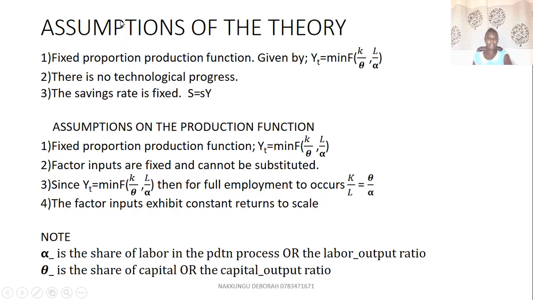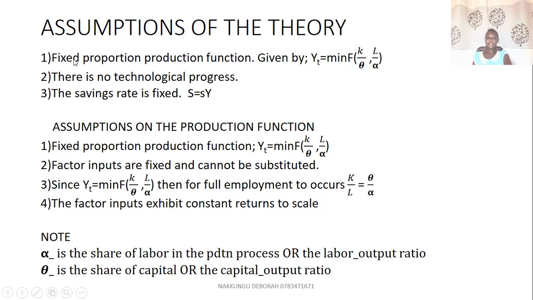Now, if you are looking at the assumptions about the theory, the key assumption about the Harrod-Domar growth theory is that we look at a fixed proportion production function. This implies, from this equation that I presented here, that we use a combination of scarce factor inputs to produce output.